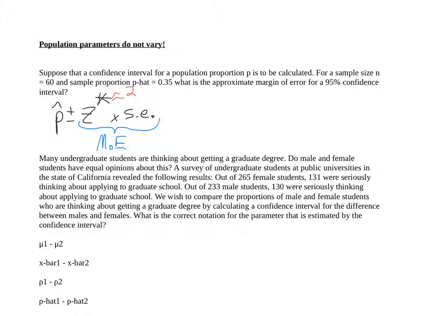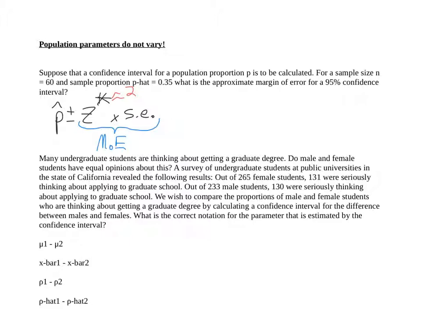The standard error is calculated from the statistic. Right? It comes from P hat and it comes from the sample size. So we're using all of this stuff that we get from the sample and we're trying to apply it to the population. And this multiplier right here is a result of looking at mathematically what we're looking at with the normal distribution. And if you'd like to learn more about that, please feel free to give me an email.